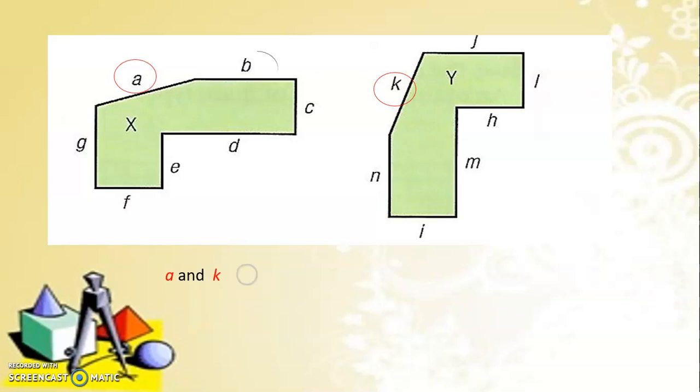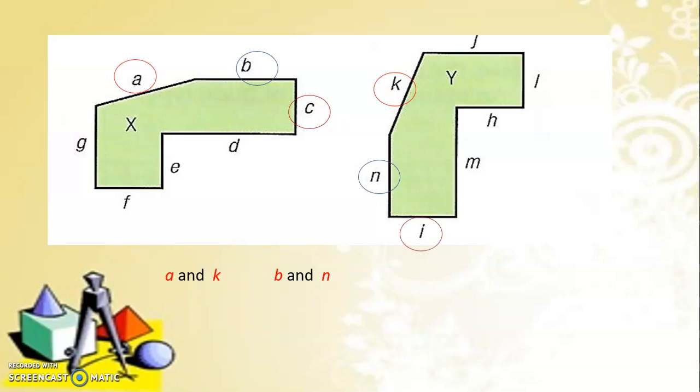Next, which side is congruent to B? N is congruent to B. So we say B and N are congruent. Next, C. Which side is congruent to letter C?